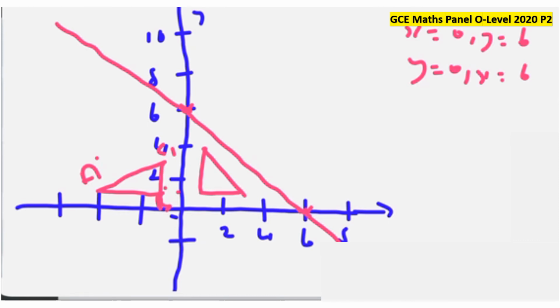When I reflect this particular one on this line, I'm going to have these other points. I'm expected to have something like this, that's having a shape of something like this. That's what I'm expected to have. But let's do it now.